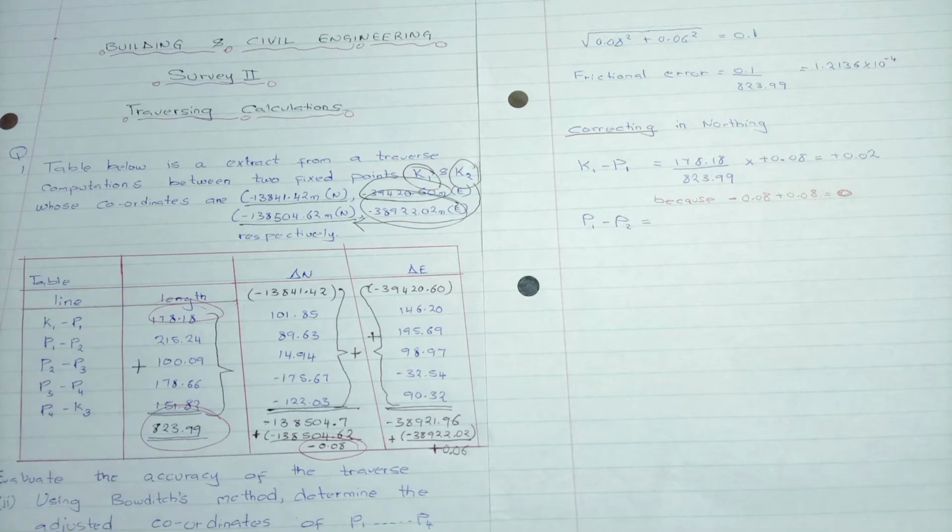So in order to correct it to 0, we add the value and we have the correct answer. So we move from P1 to P2, we do the same and we find the correction.